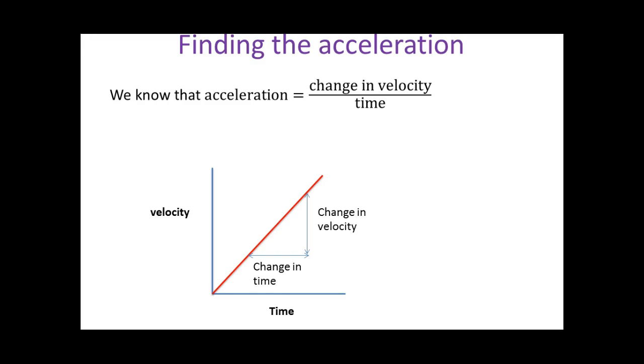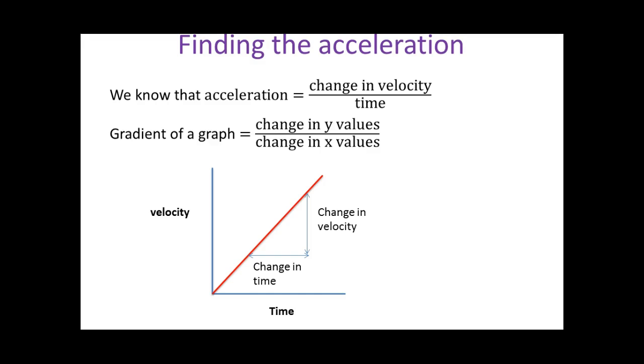But we also know, just as we discussed with the distance time graphs, that the gradient of a graph is the change in the y values divided by the change in the x values. So if we look at a velocity time graph, we can see that the change in the y values is actually a change in velocity, which would be what we'd put on the top of our acceleration equation, whereas the change in the x values would be the change in time.